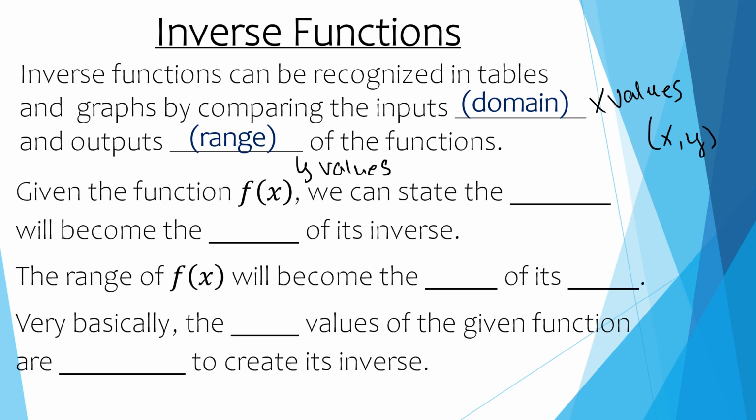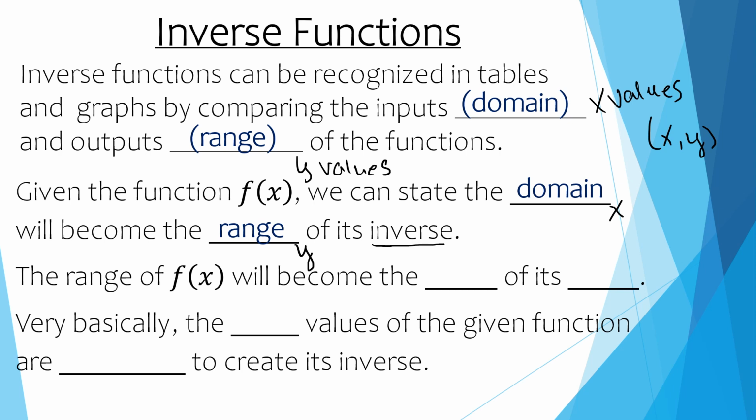Okay, and then as we go through, we're going to be given a function f of x, and we can state that the input or the domain of its function will become the range of its inverse. That means the x's of the original function become the y's in the inverse function.